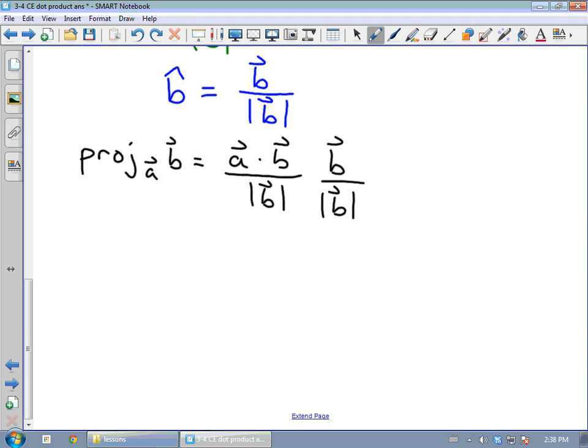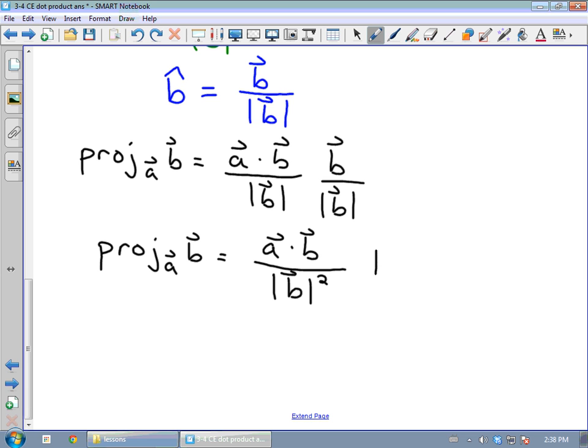And then we can simplify this a little bit. The projection of A onto B is going to be A dot B divided by the magnitude of B squared, multiplying these two magnitudes of B together, times vector B. All right.